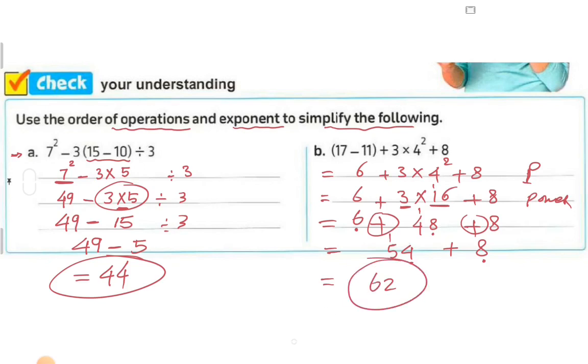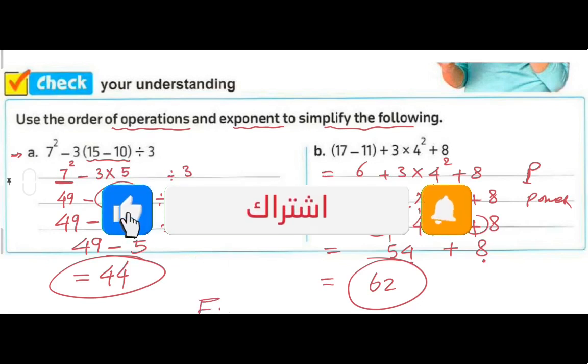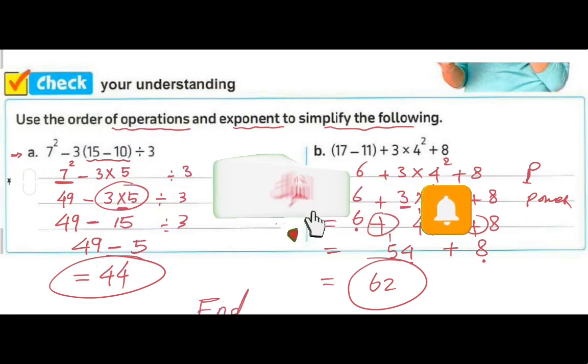So the final result of the expression is 62. And now we reach the end. Thank you.